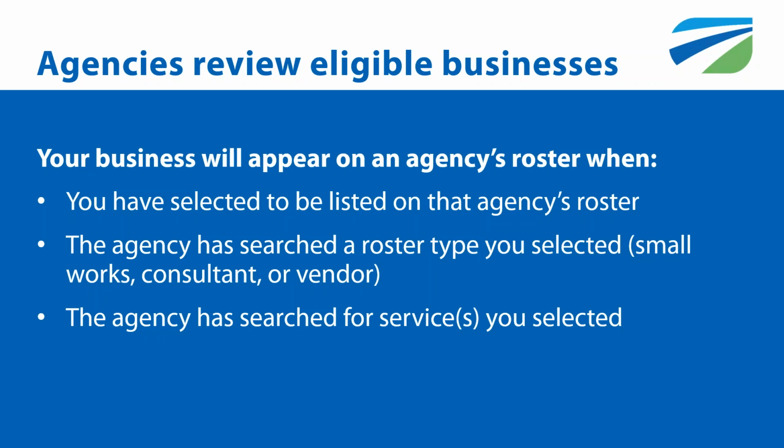Also, some agencies have internal rotation policies where they're rotating through the list and contacting maybe 5 different businesses, and then next time they move down that list and contact the next 5. So that might be another reason why the opportunity might not have reached you. But again, that can vary by agency. So it's totally fine to reach out, ask the agency what their policy is and how they're doing this.